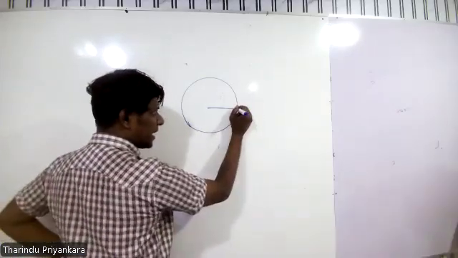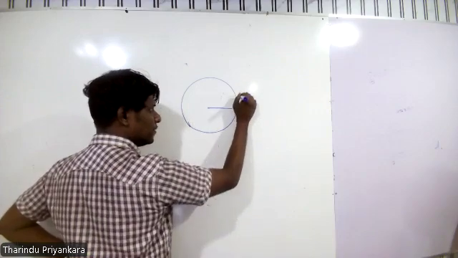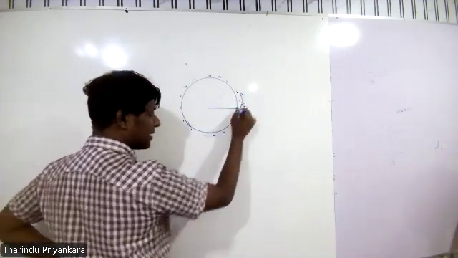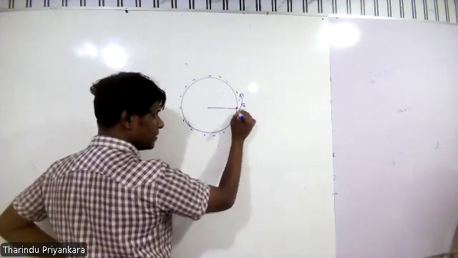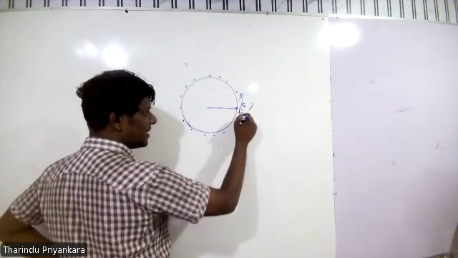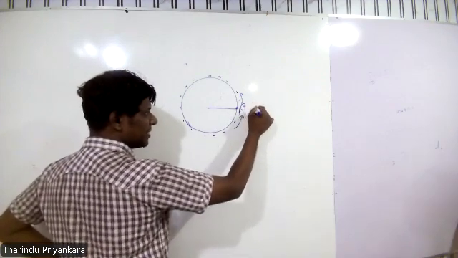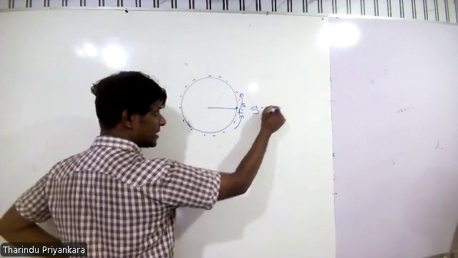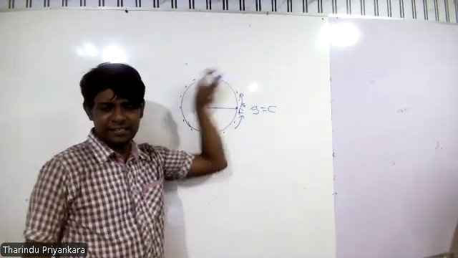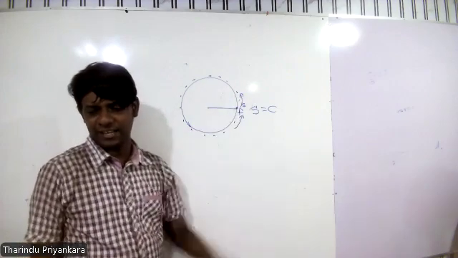This is where you start. You start to move, you travel the path and come to here. You finish. What is the total distance you have traveled? The distance is equal to the circumference of the circle. Isn't that?